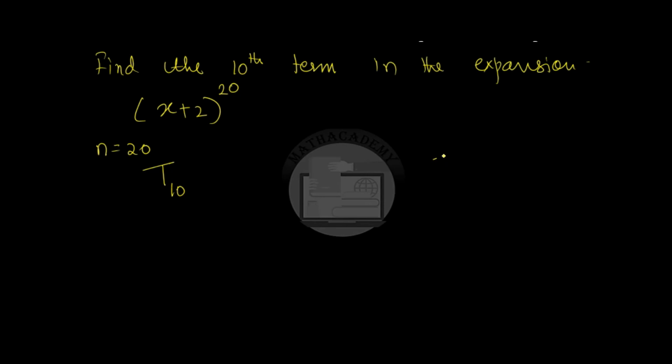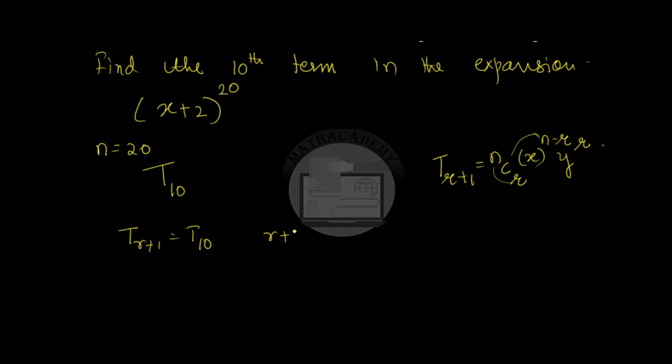We know the formula T(r+1) is equal to nCr, the first term, which is in our case x to the power of n minus r, the difference of these two, n and r, and y to the power of the subscript, which is r. So T(r+1) here becomes T10. This means that r + 1 is 10 or r is 9.